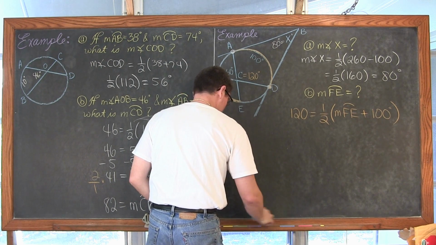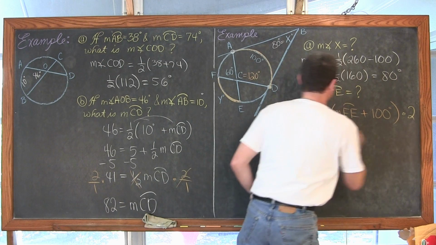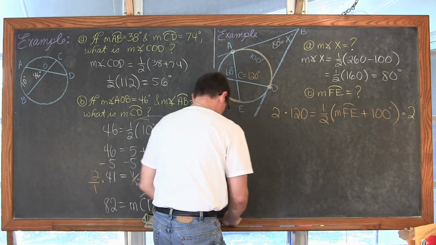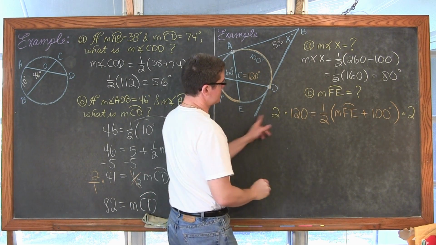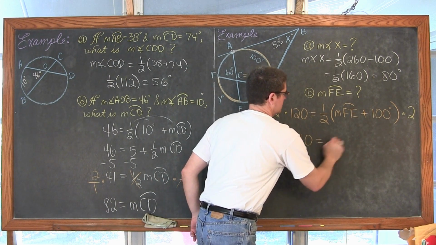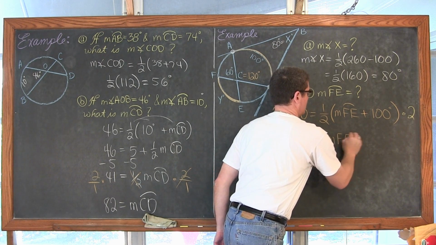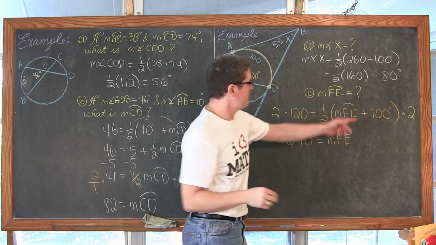We're going to pick up some yellow chalk, I guess. Multiply both sides by 2. That's going to give us 2 times 120 is 240, equals the measure of arc FE plus 100.